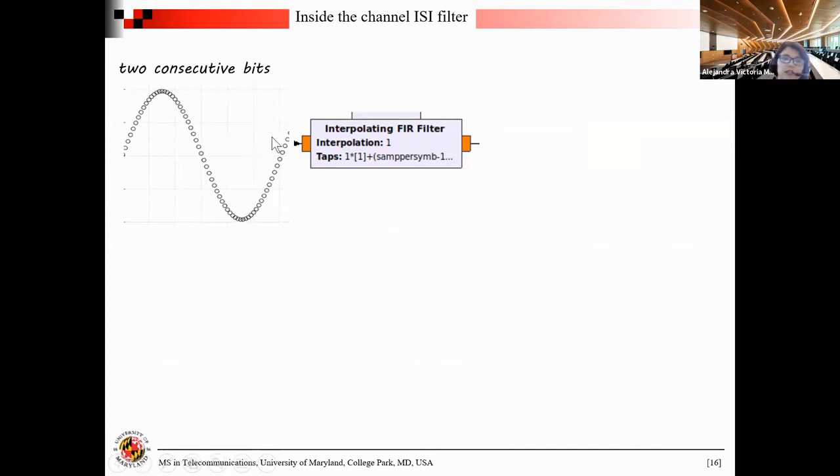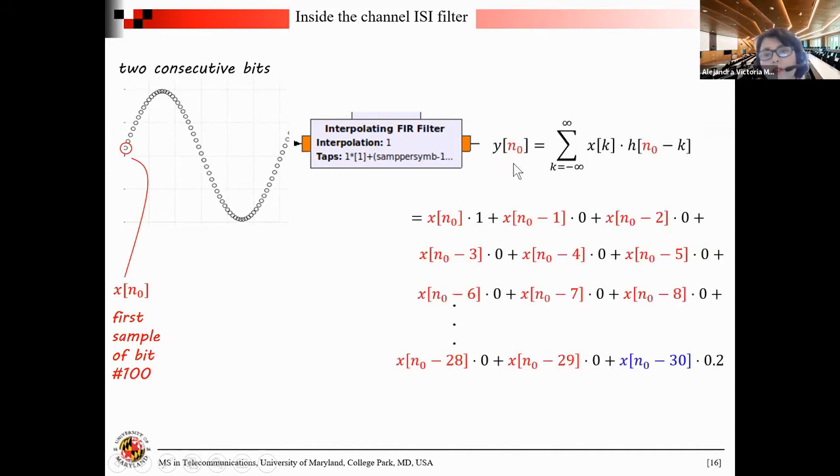Let's say we have 2 consecutive bits. You have a 0 and then a 1. And let's say that you're specifically feeding this sample into the FIR filter. So this is the first sample of bit number 100, right? The output is going to be just the discrete time convolution, which is you take one of them, put it in the summation, the other one you flip and slide.